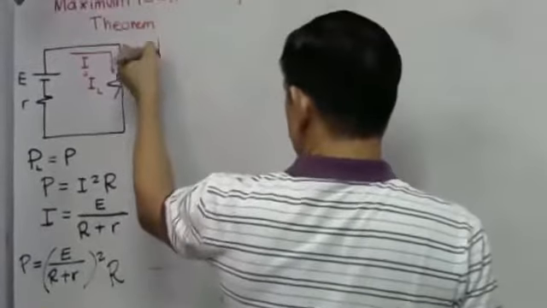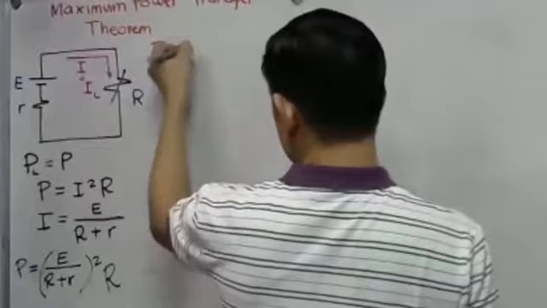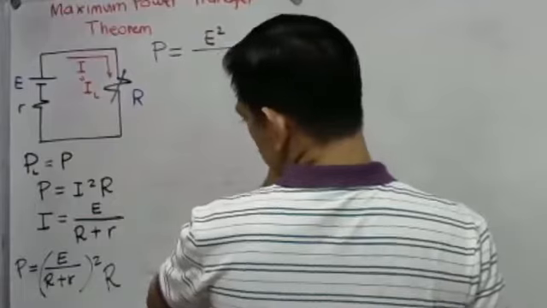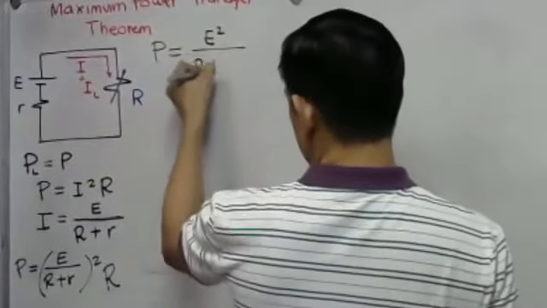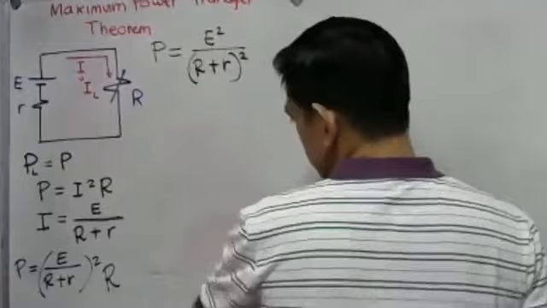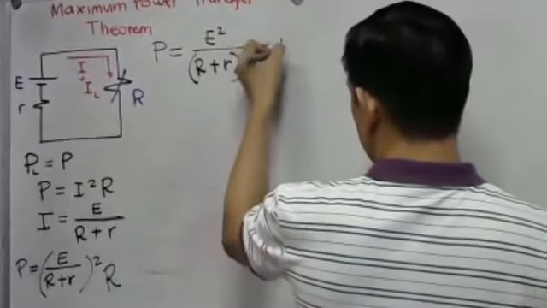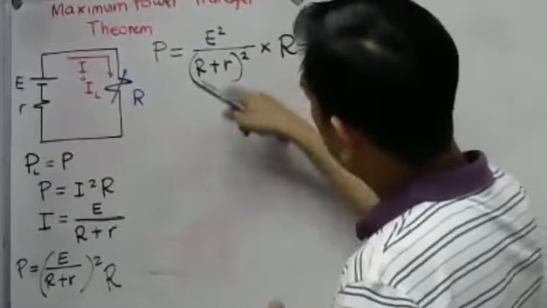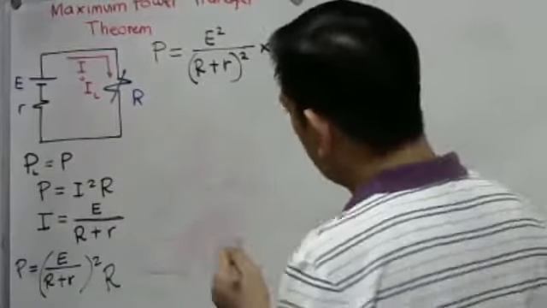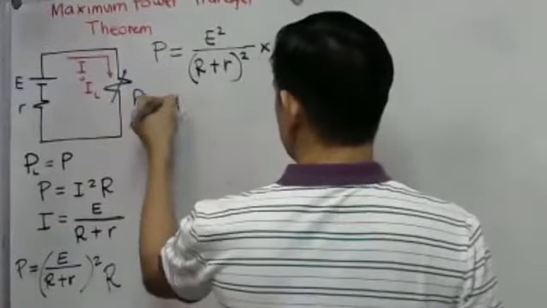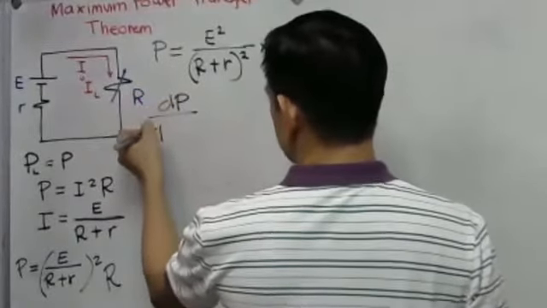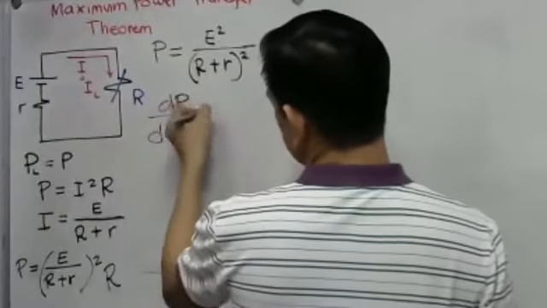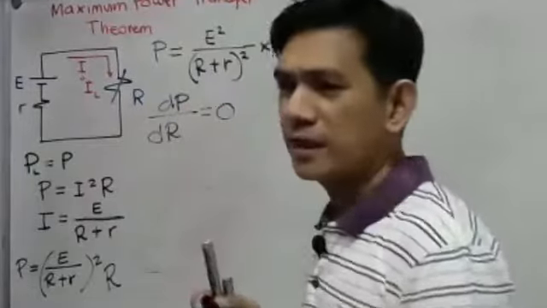We have P equal to E squared over big R plus small r quantity squared, and then multiplied by big R. Then, for maximum power transfer, we have to equate the derivative of the power with respect to R to 0.